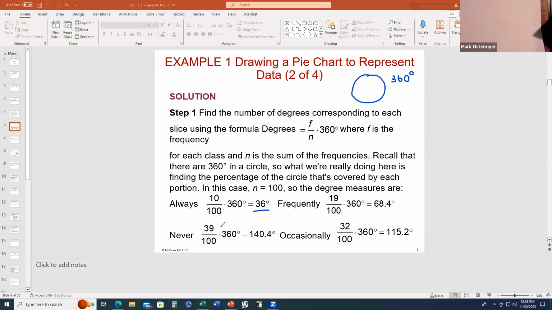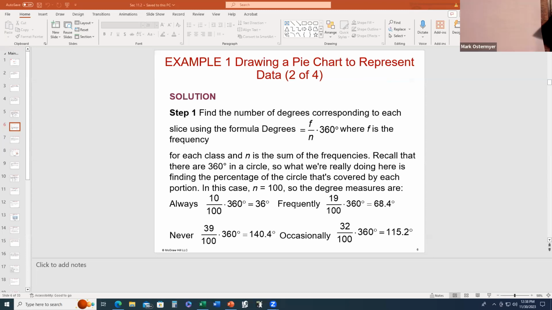Those who never bring grocery bags to the grocery store is 39/100ths of 360 degrees, which is 140.4 degrees. That would be the degree measure of that slice of the pie. Frequently would be 68.4 degrees, and occasionally would be the frequency of occurrence, 32 divided by 100 times 360, 115.2 degrees.